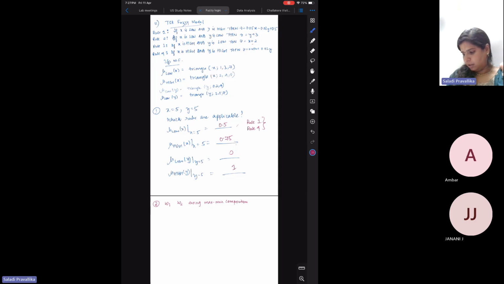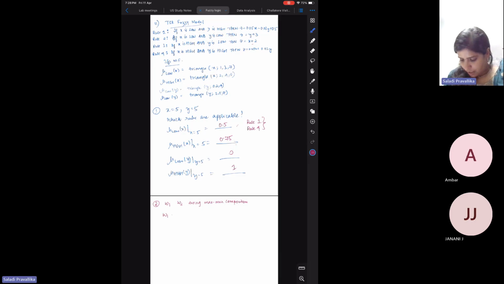Please find the firing strength for both of these rules. Okay, great. So let's do it.